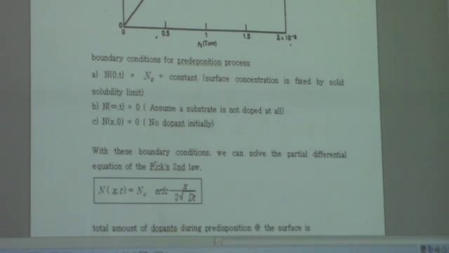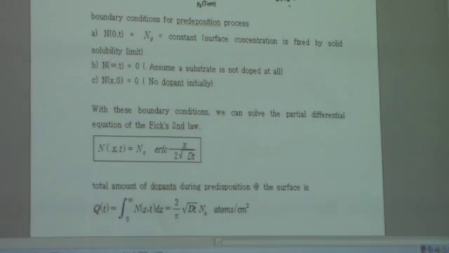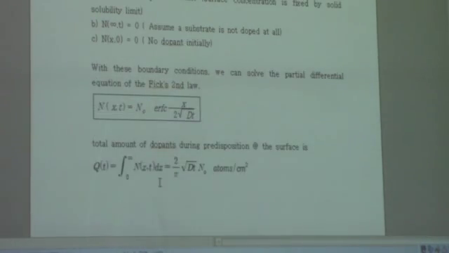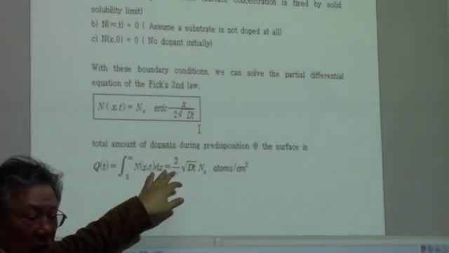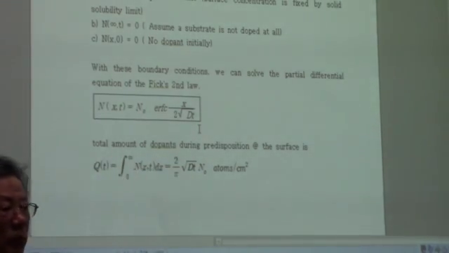So basically, we can solve this Fick's second law, and the result is a complementary error function. So the dopant concentration after the pre-deposition ends up as the complementary error function. And during that pre-deposition process, the important thing is not the actual profile of the dopant atoms in the silicon, but the total amount of charges, the total amount of dopants.